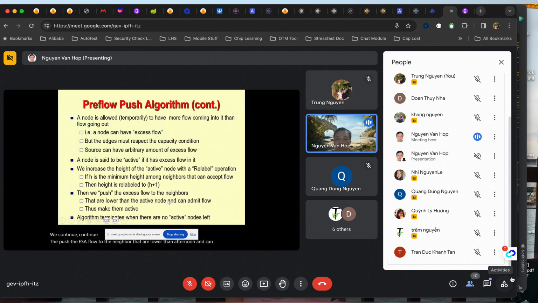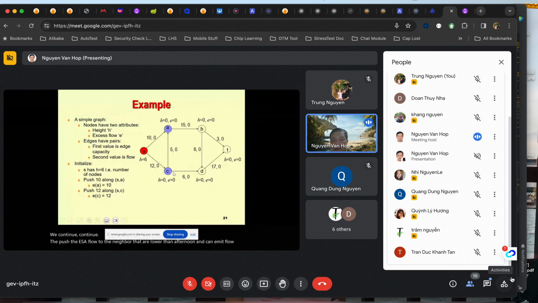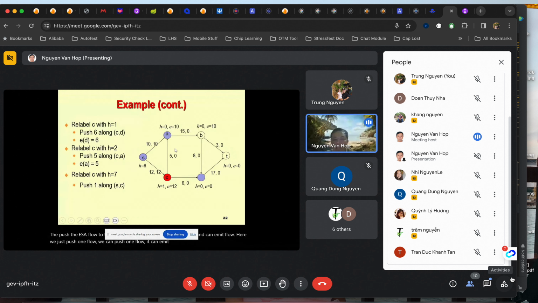Here we can push one flow. It can admit it. We push 6, right? Therefore, this one also can still admit flow, so we put 5 also. Where we put 5, you see that the excess flow value of E now will be updated. If you can redraw it, you can update that one.